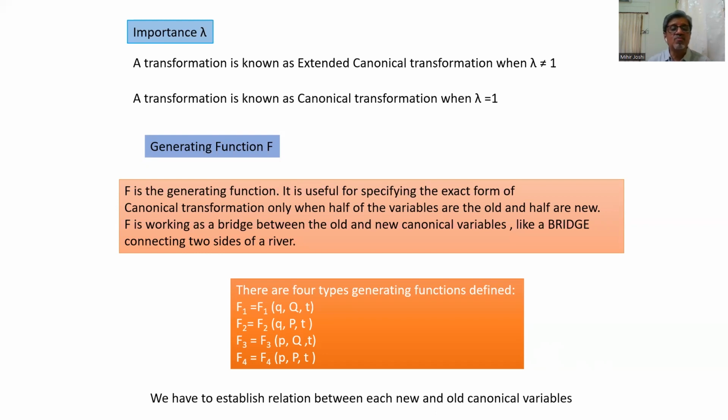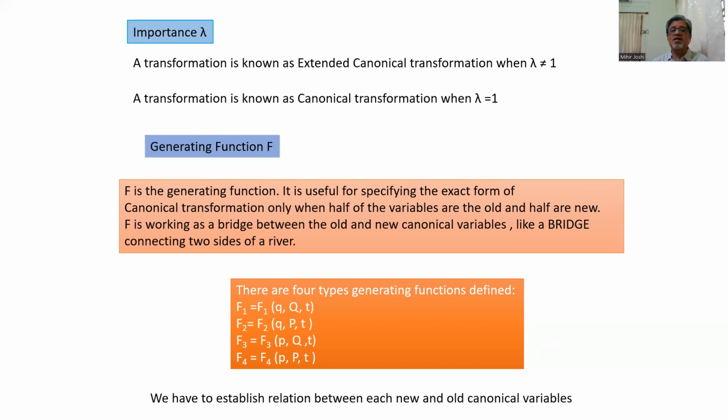Now we come to the generating function. What is a generating function? F is the generating function. It is useful for specifying the exact form of a canonical transformation only when half of the variables are old and half are new.